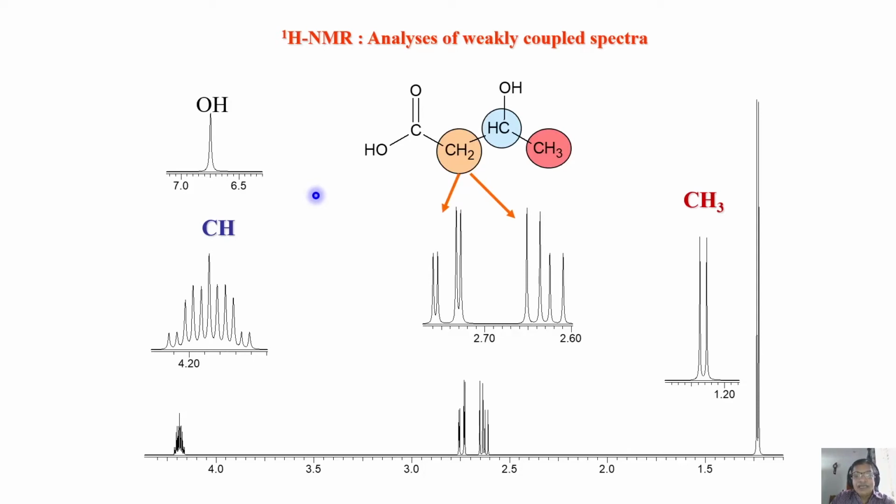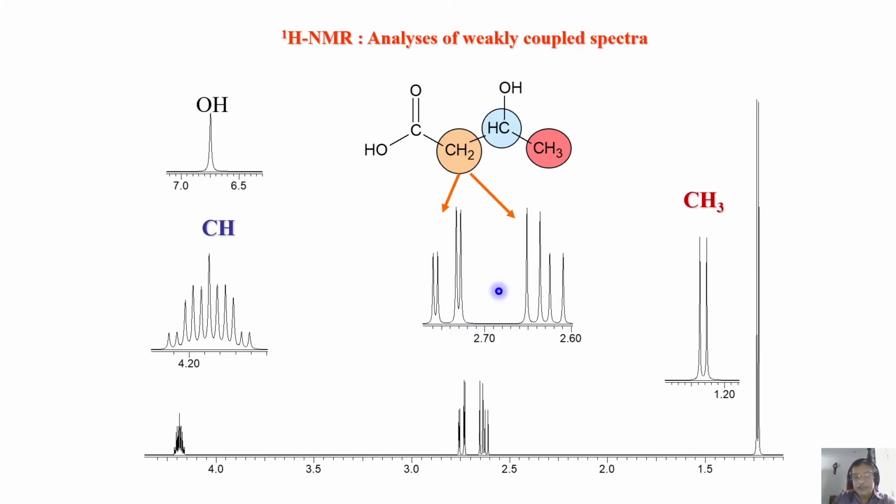We said each spin or each proton of AMX will give rise to 4 peaks. That's what I said. Each of them should give rise to 4 peaks. Now, let us see what those 4 peaks are and why they are coming.